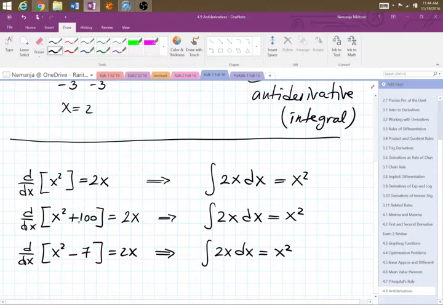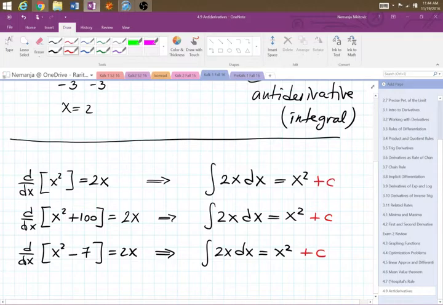This constant, the plus 100, the minus 7, the plus 0 on the first one. So what we do is we put this plus c on each one, because when you are faced with the integral without having the knowledge of what happened with the derivative prior to that, you can integrate, but you don't know how to retrieve this constant part.